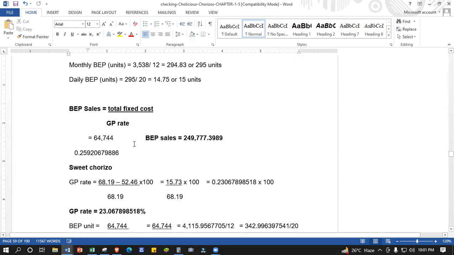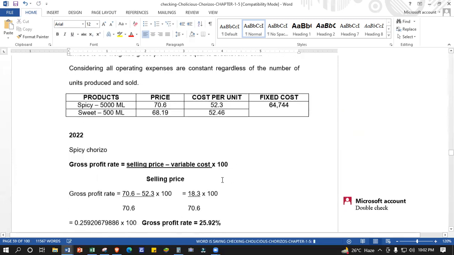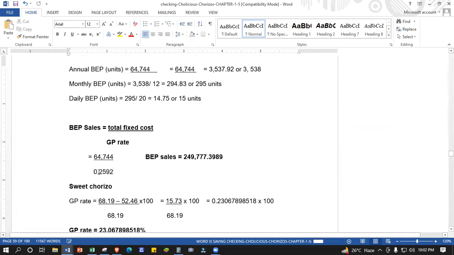So, 64 divided by... the result, with two decimal places, is 25.92, which is the decimal equivalent. Therefore, the break-even point in sales annually, rounded up, is 40. So, this is in pesos.